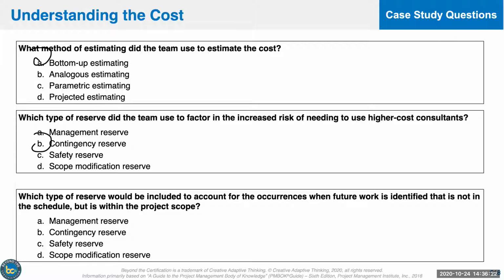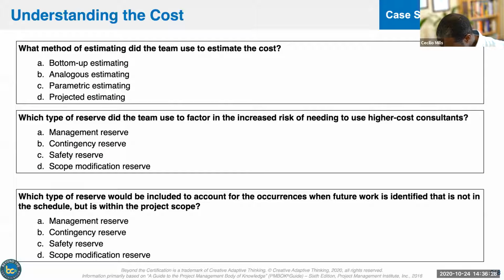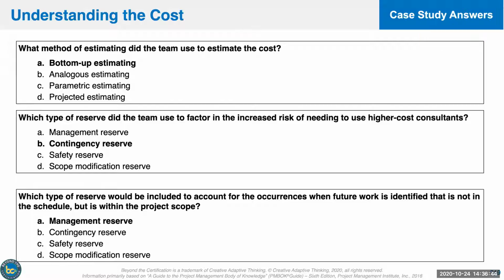A. Okay. So we had A, we had B, and we had A, I think, right? Yep. Okay, let's see how we did. Boom, ABA. Oh, I got it.